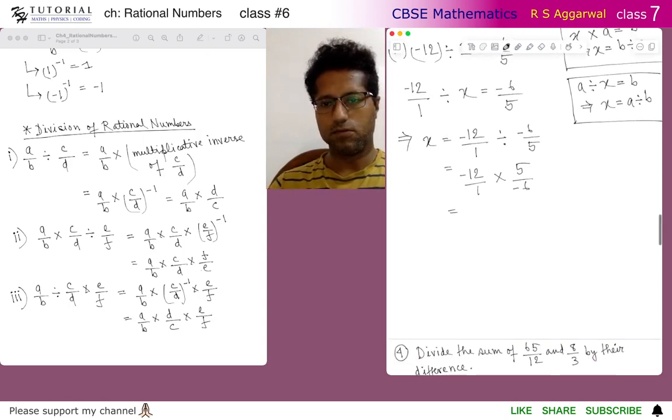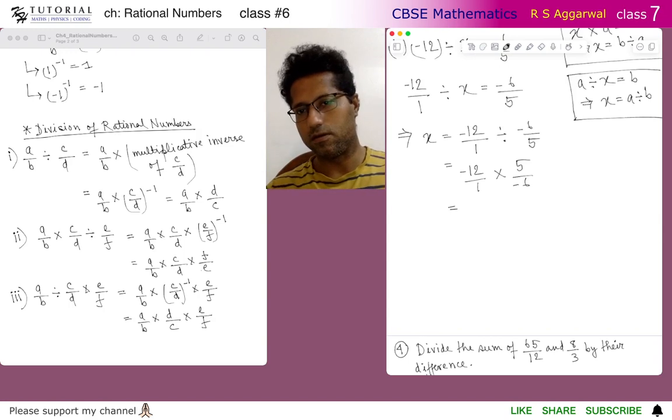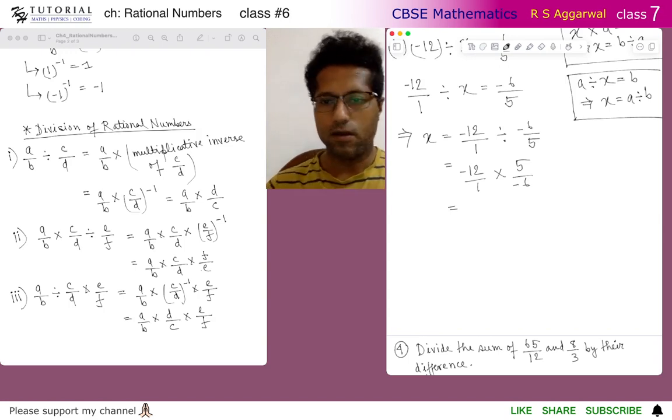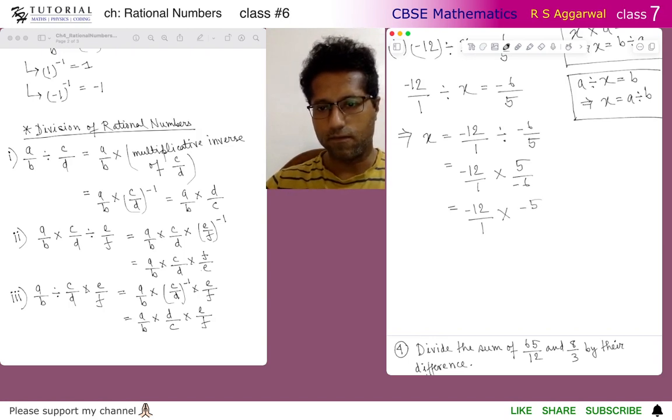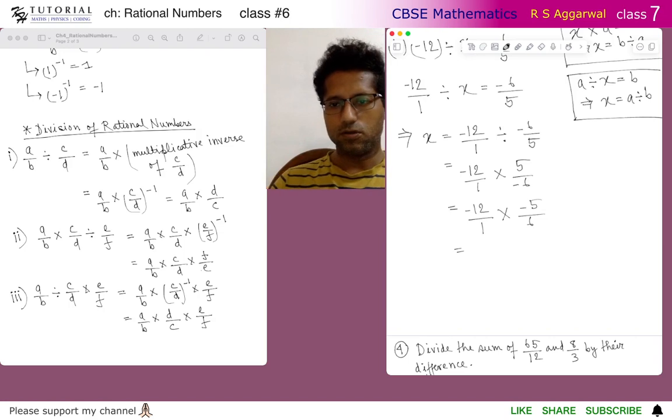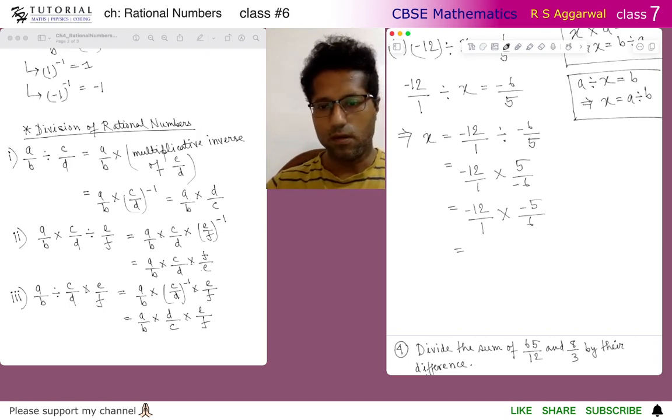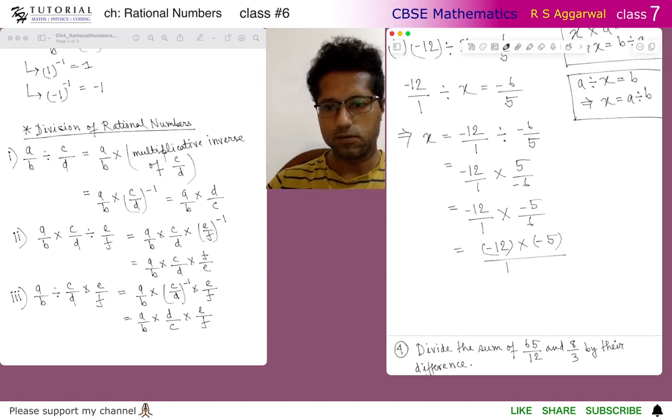Now again, this is a multiplication of two rational numbers, and if the second rational number has a negative denominator, we will first convert that to a positive denominator and it becomes minus 5 by 6. So now it's a multiplication of two rational numbers. So we divide the product of the numerators by the product of the denominators.